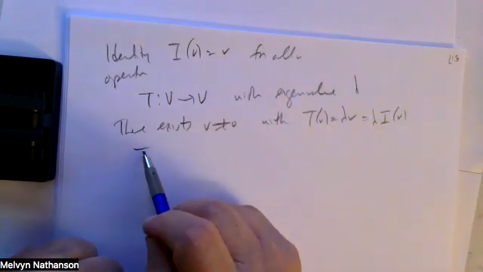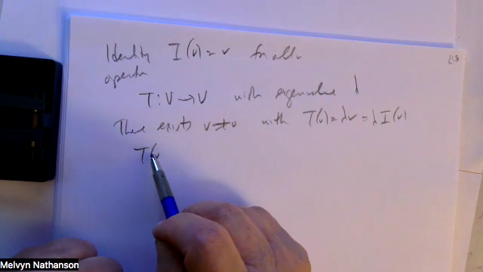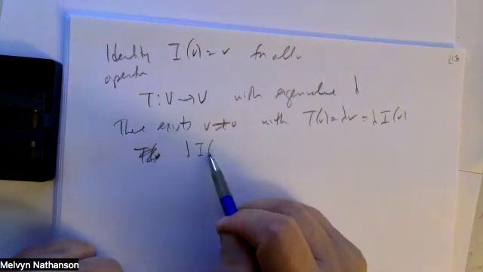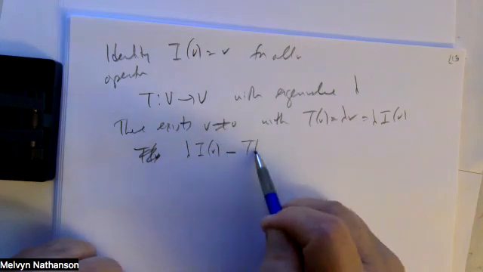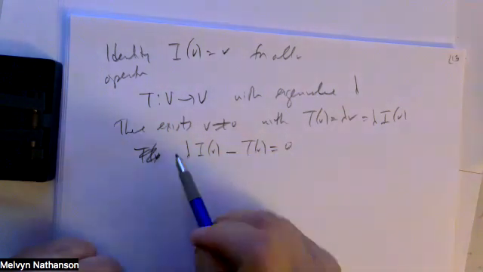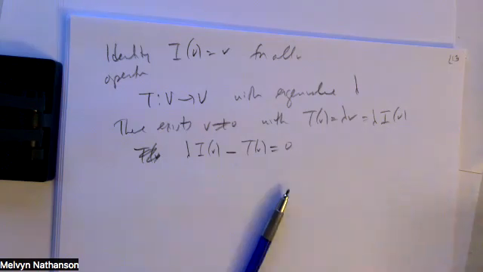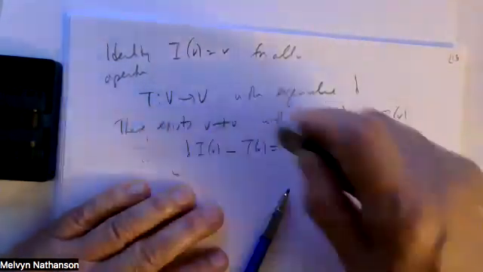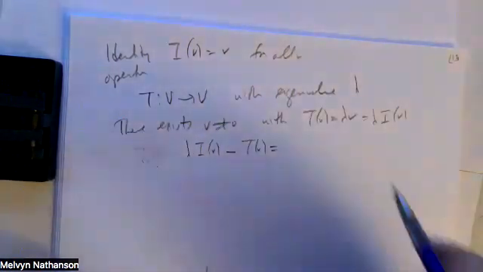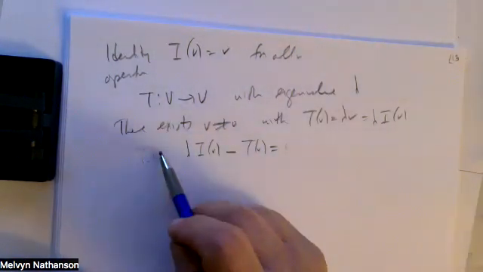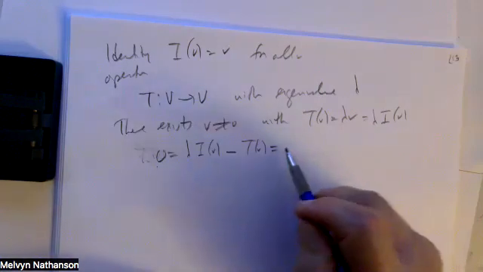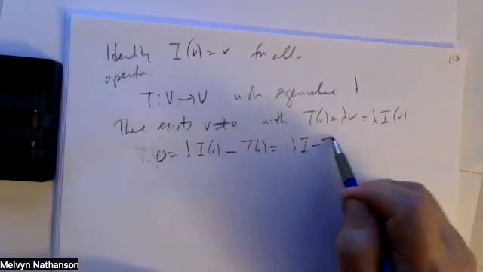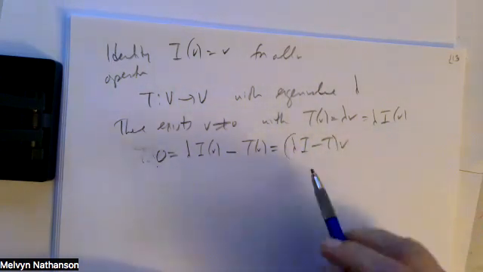That's the same as saying lambda I of v minus T of v is 0. These two things are equal and I subtract, so 0 is equal to exactly the operator lambda I minus T applied to v.